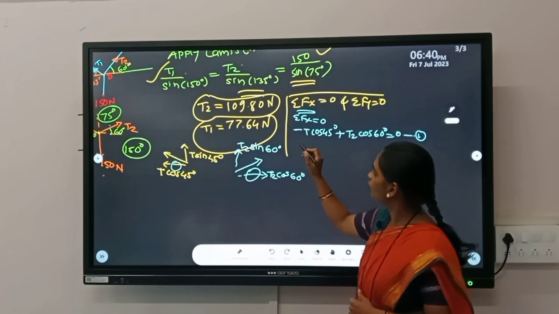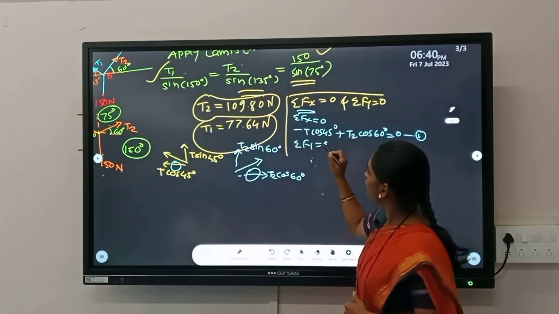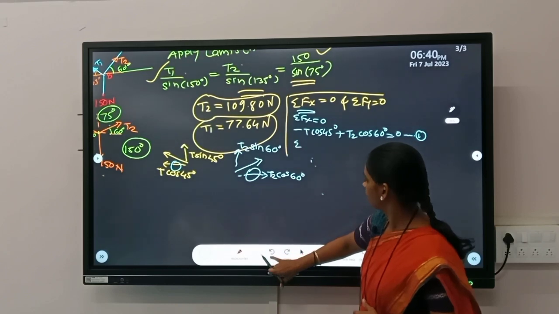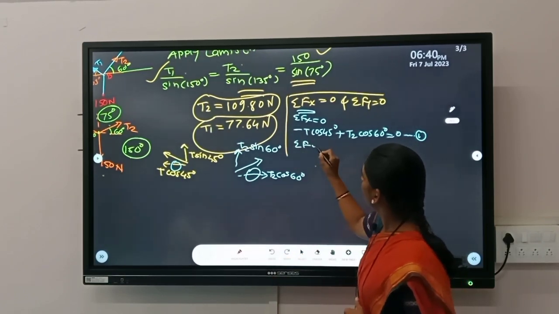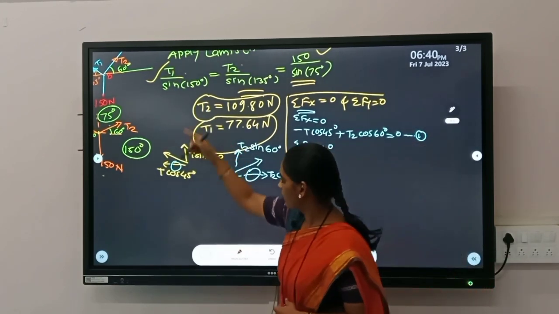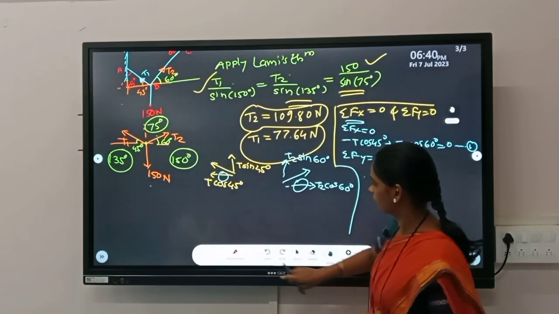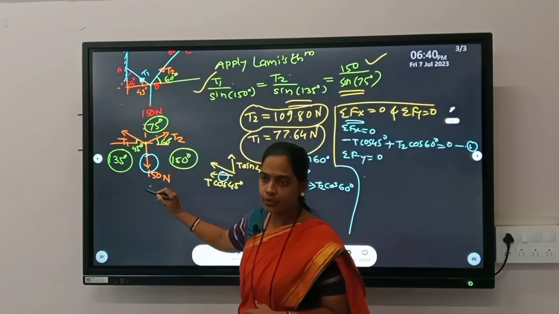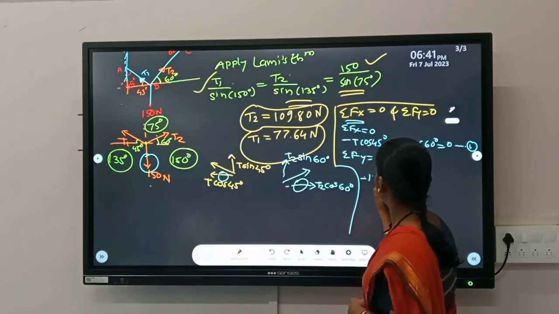Now go for the other equilibrium condition. What is that? Summation Fy is equal to 0. So what are the components along the vertical plane? This 150 Newton force is coming downward, that's why taken as minus 150.